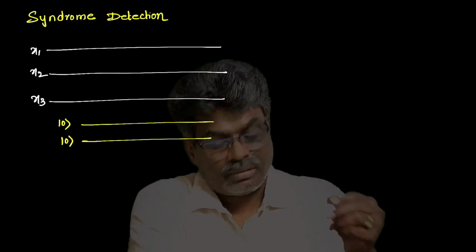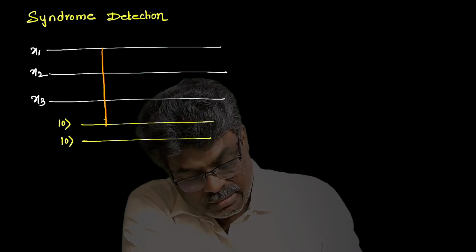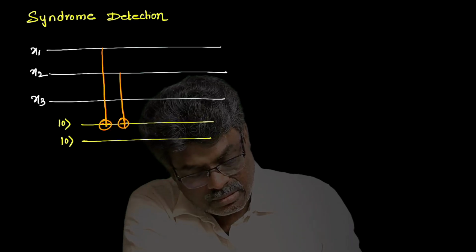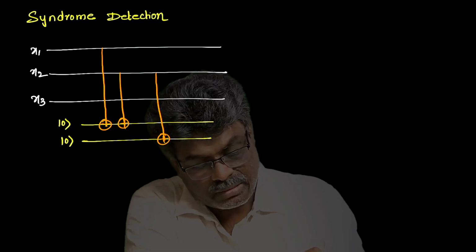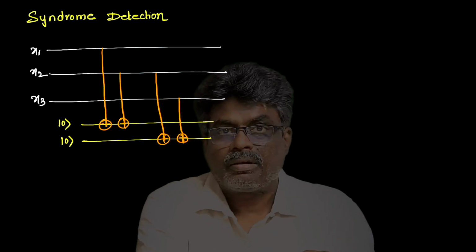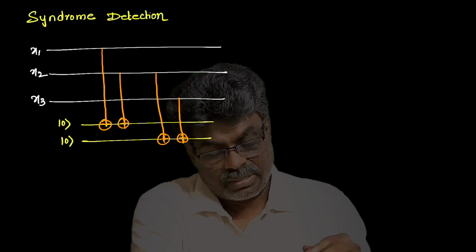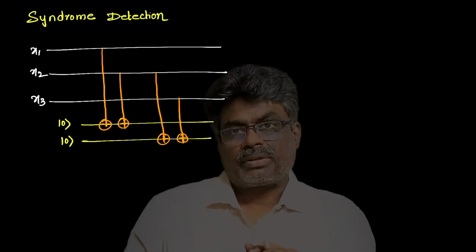Now we have taken the CNOT gates from the second, and next from the third, and after that we have s1, s2. So this is the bit flip syndrome detection circuit.